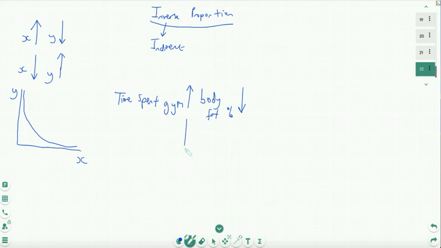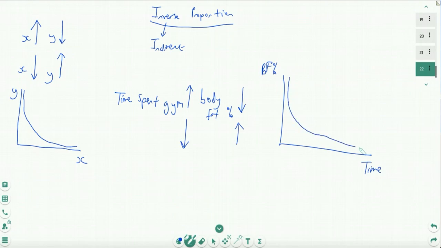And the less time you spend exercising, your body fat percentage will probably go up. All right, so we put this in a table, in a graph. Time in gym, your body fat percentage. As you spend more time in the gym, your body fat will eventually drop, all right? So that's what inverse proportion is. As one rises, the other falls, all right? And we'll do some questions, okay? And you'll see how similar inverse proportion questions are to direct proportion questions.